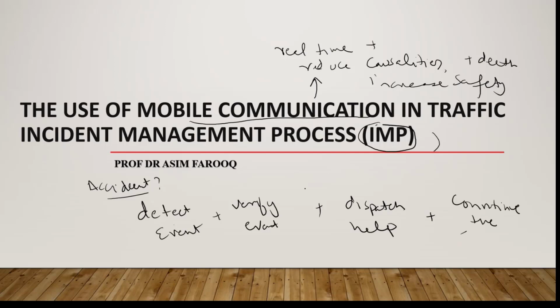For example, in very simple words, the main purpose of IMP is, if those are the 3 lanes, and if a specific accident happens here, our first priority is to detect that specific spot, then verify it, and then dispatch help. So in every major arterial, national highway, or motorway, they have help at every 10 to 15 kilometers.